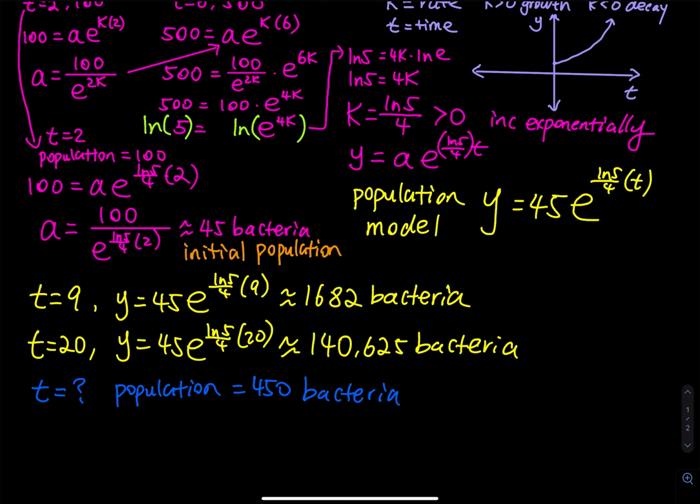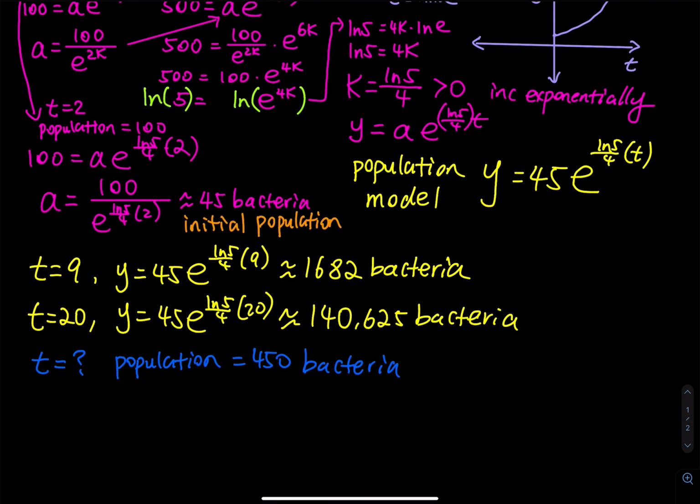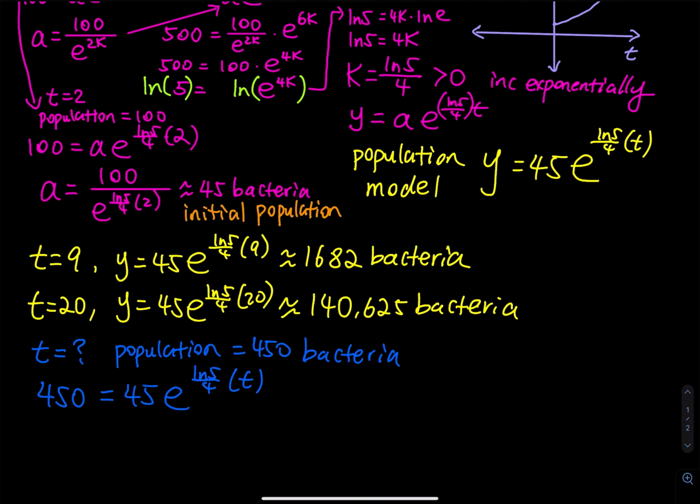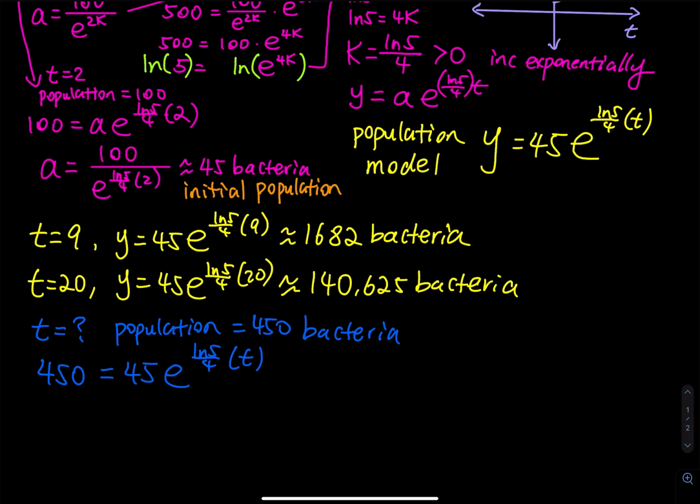So how do we do that? To do so, you have to let y equal 450. That is equal to 45 times e to the ln phi divided by 4 times t. This time you are solving for t. Divide both sides by 45, you have 10, right? And that is equal to e to the ln phi divided by 4 times t.